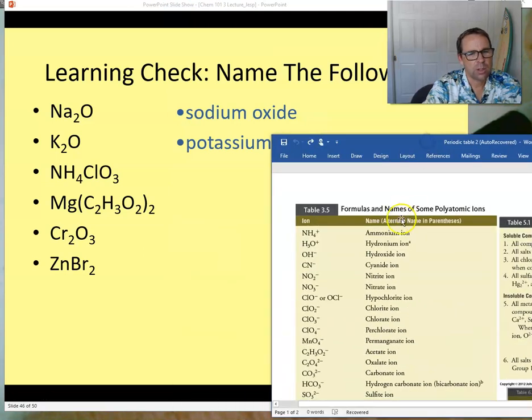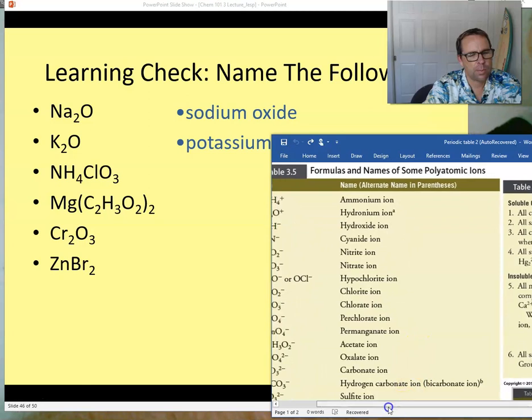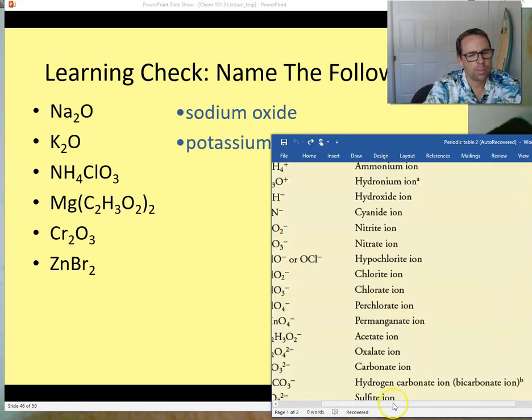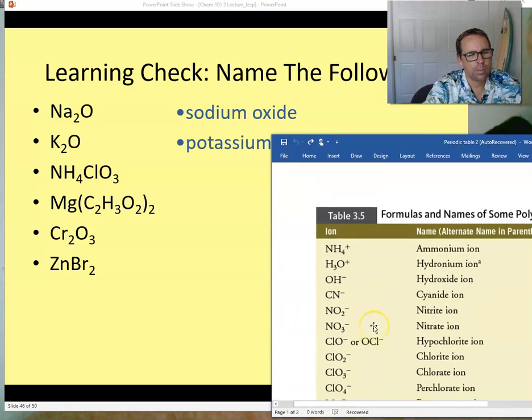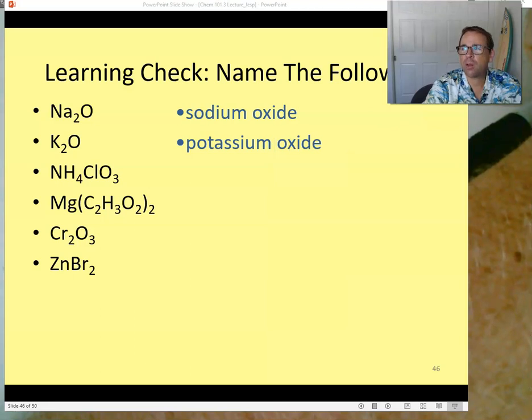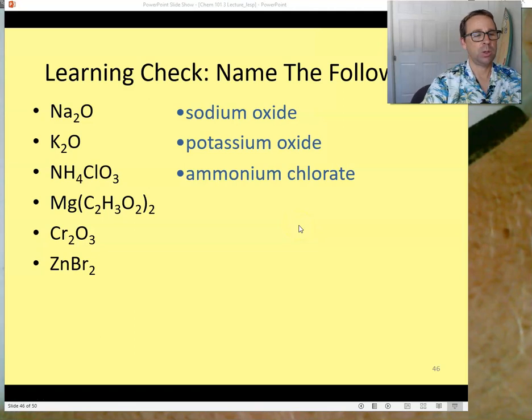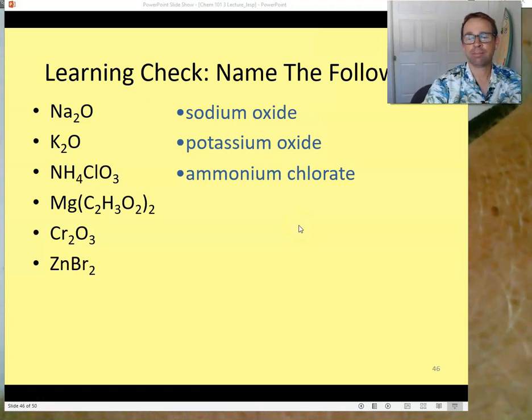So ammonium, and what's the other polyatomic ion there? Chlorate. Very good. So the name of the compound is ammonium chlorate. Ammonium chlorate. Very good job.